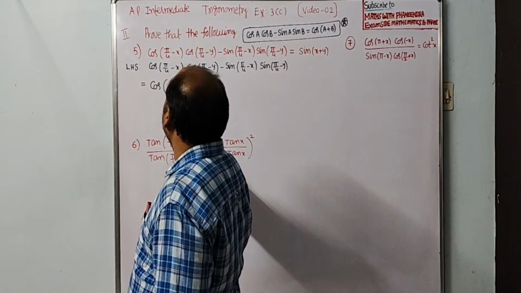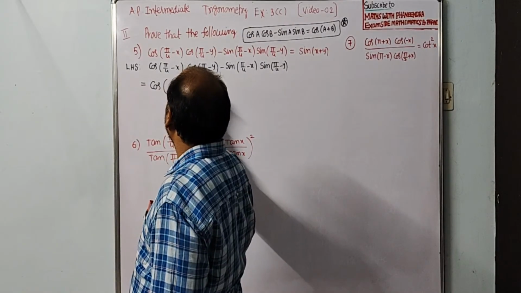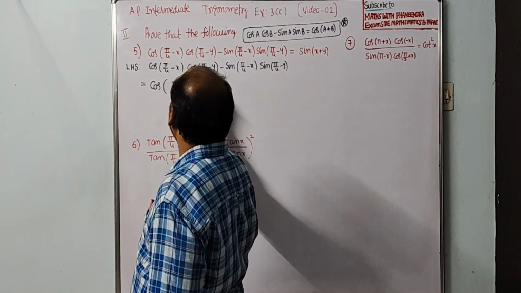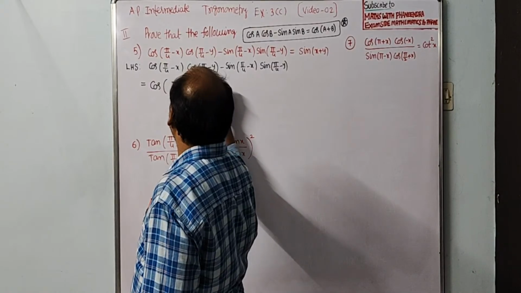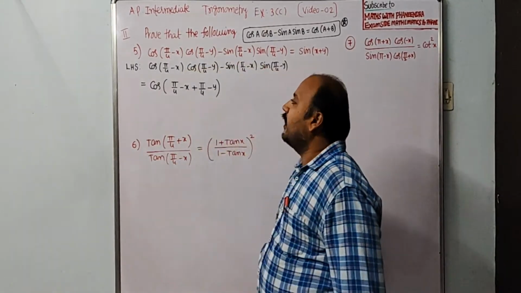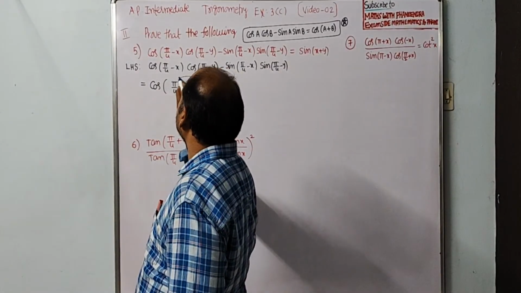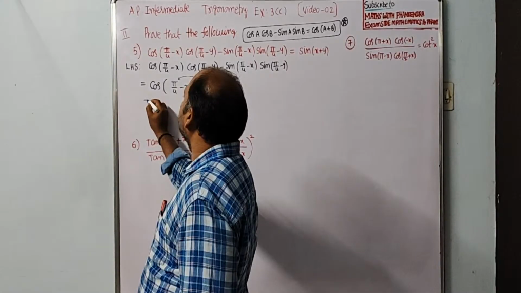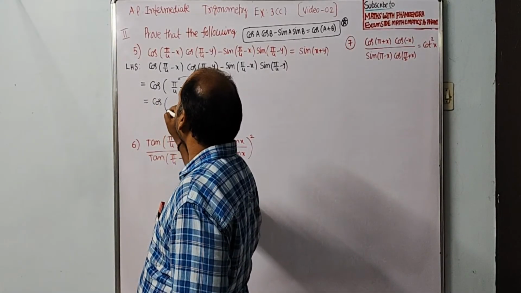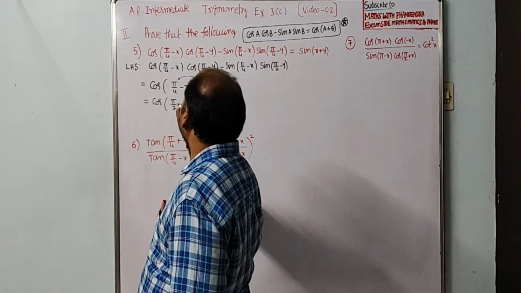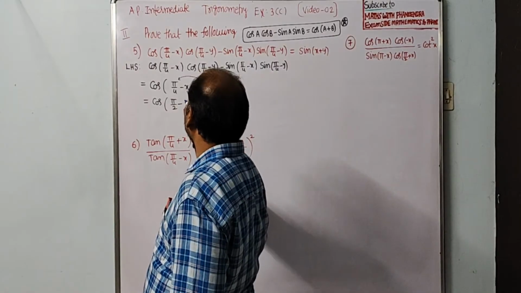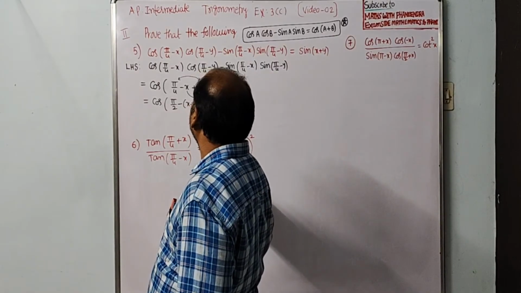A means what? Pi by 4 minus x, plus pi by 4 minus y, cos of A plus B. Pi by 4 plus pi by 4, how much? Pi by 2. So, cos of pi by 2 minus, take common from these two, x plus y.